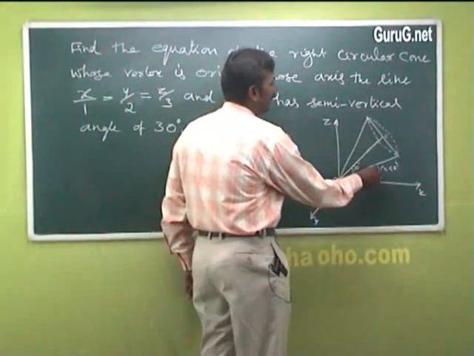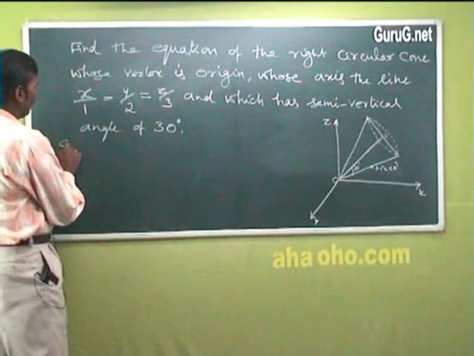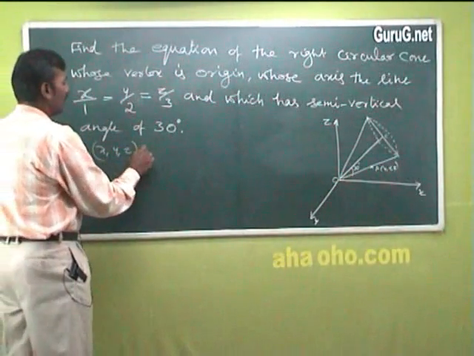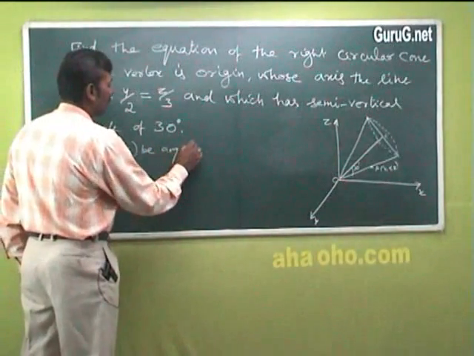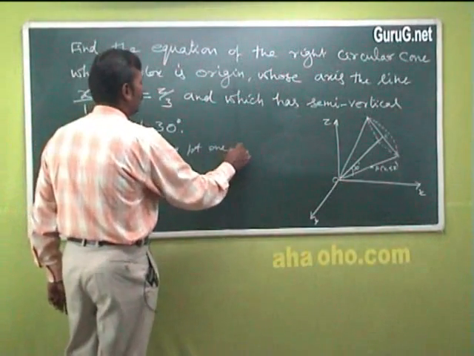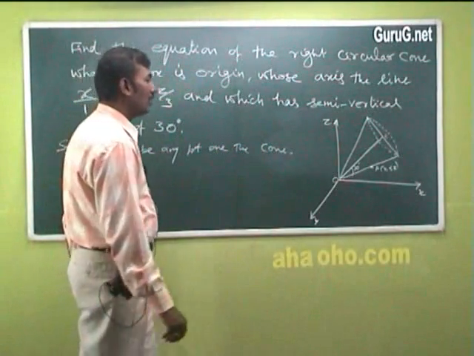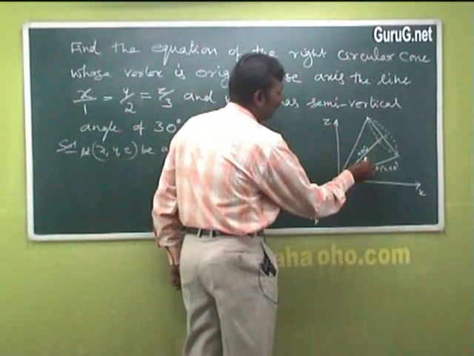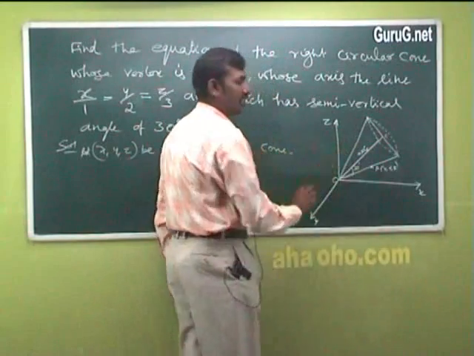You take any point on the cone. So let x, y, z be any point. Right? So this is an axis, right? So the angle between this axis and this line OP is 30 degree, right?